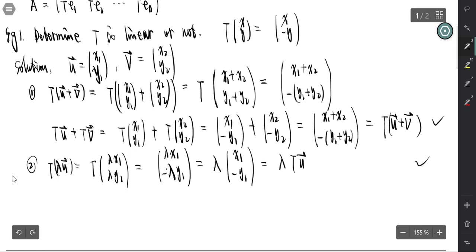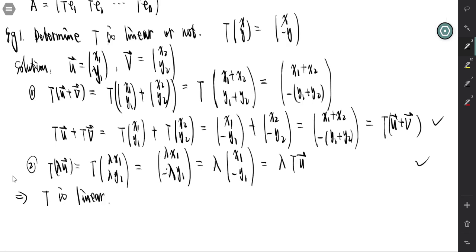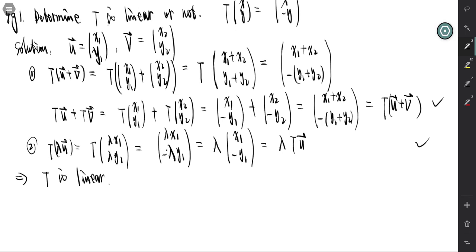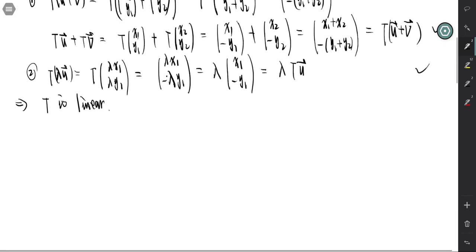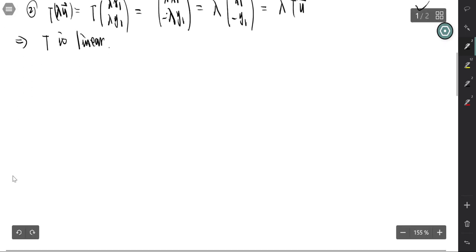So the second condition is also satisfied. By these two conditions, we get that T is linear. We just check these two conditions. And now we look at some examples of how to find the standard matrix.